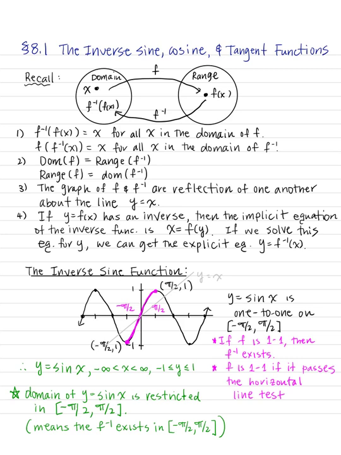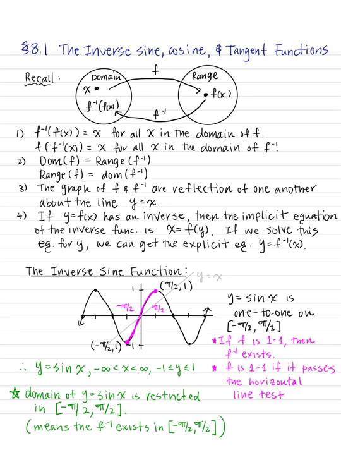Now, how do you draw the sine inverse of x? You reflect that pink part of the graph along the line y equals x. Notice that if f of x touches pi over 2, 1, then f inverse is going to assume 1, pi over 2.